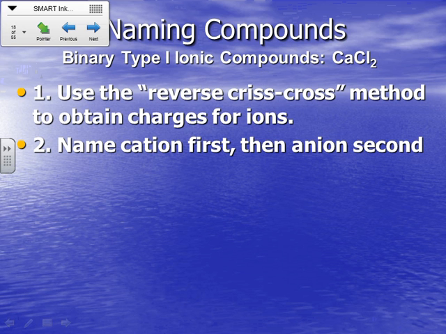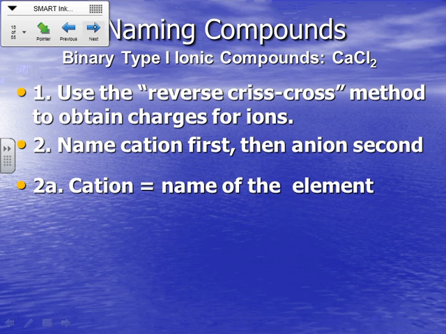So we're going to name the cation first and the anion second. Cation always goes first. That's just the way that it is. Then you put the anion, the negatively charged one, second in the compound. For the cation, the way that you name it is you write the name of the element. The example here is CaCl2. So what's the name of the cation?